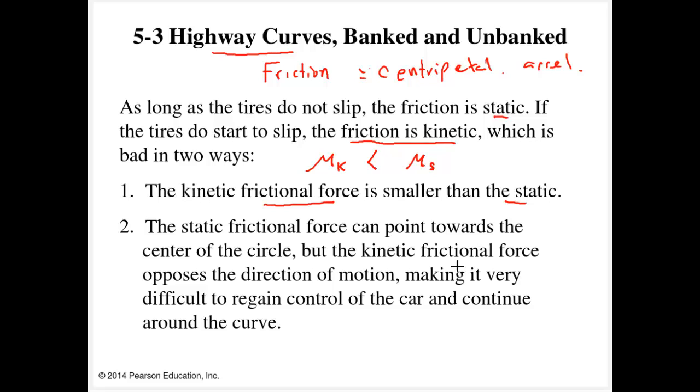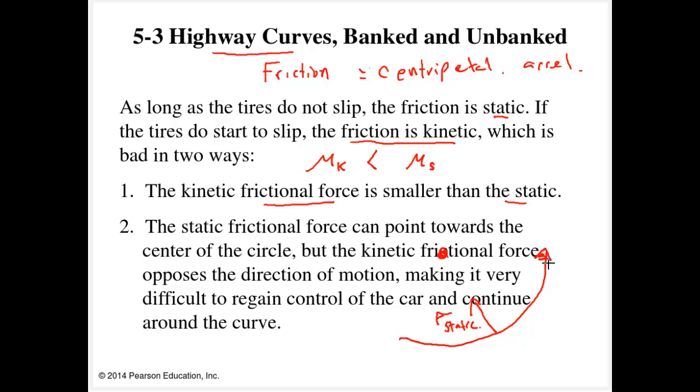And then the other reason why it's bad is because if you're going around a turn like that, then the static friction can point towards the center of the circle. Right, we've already discussed that.